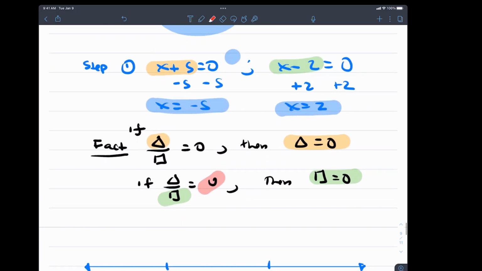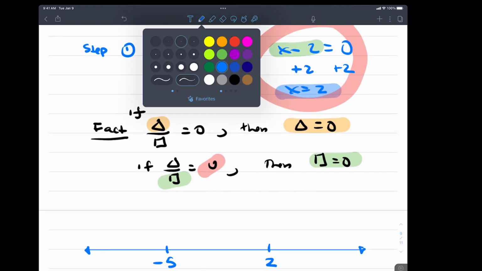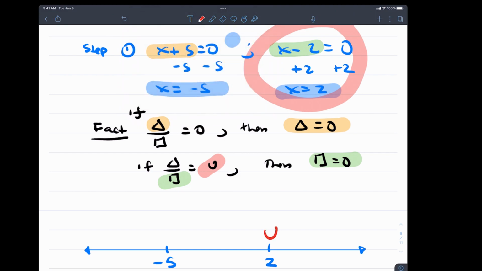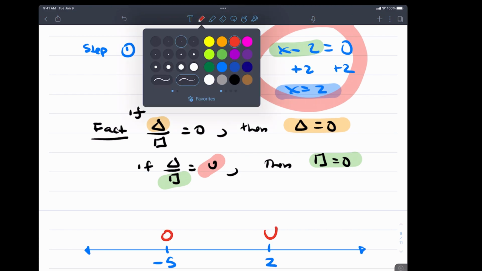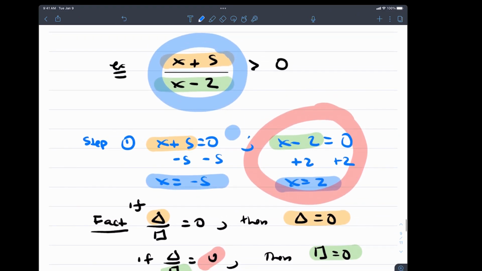When x is 2. What that means is you're going to put a u here, but you're going to put a 0 over here. Why do I put a u for x is 2? Because that's where your denominator is what? Undefined, if x is 2.